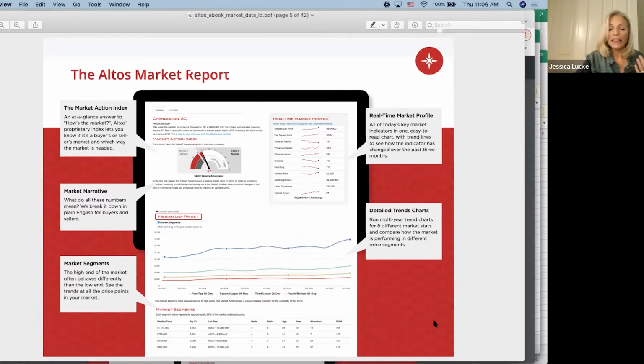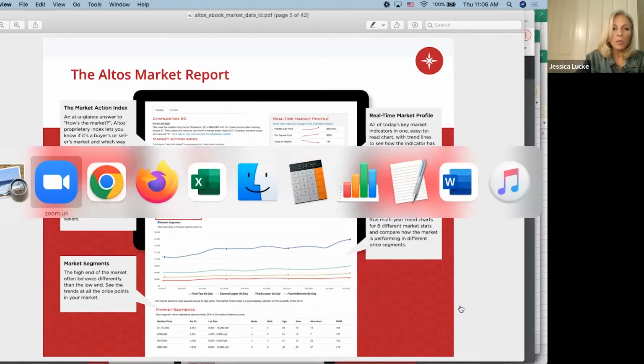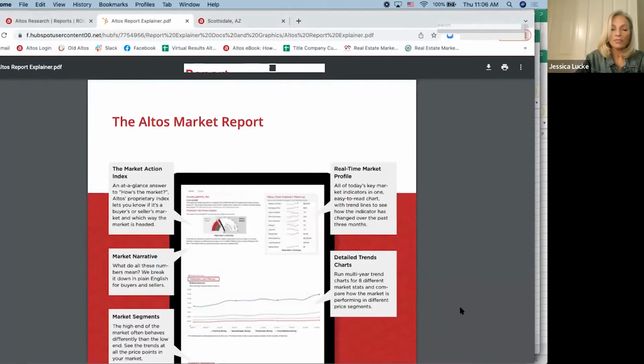Because there are plenty of market reports out there. And what makes us unique? Well, our uniqueness is that we are forward thinking. And in today's world, that's what you really need more than ever, the ability to look forward.